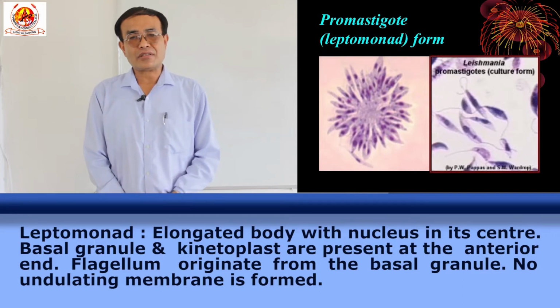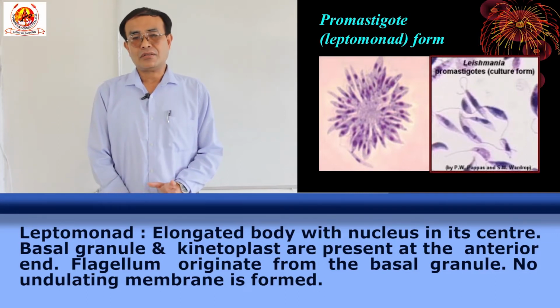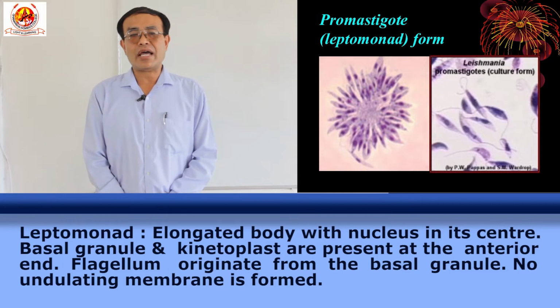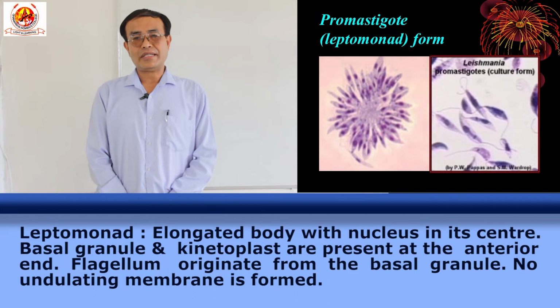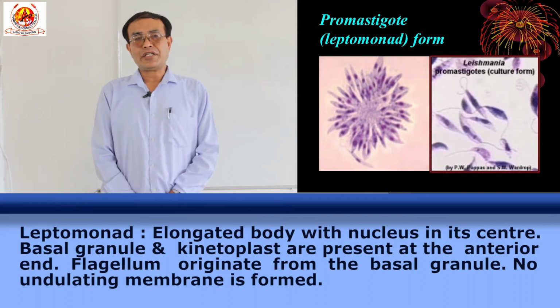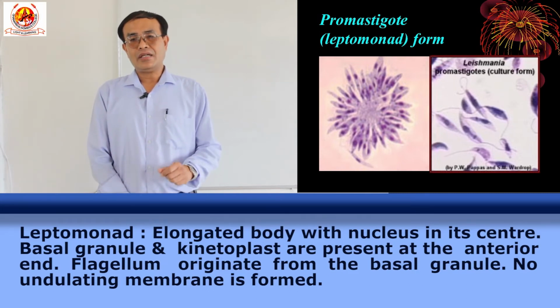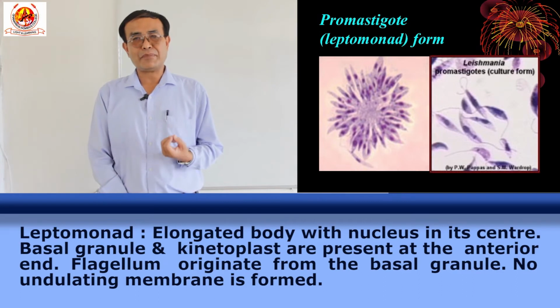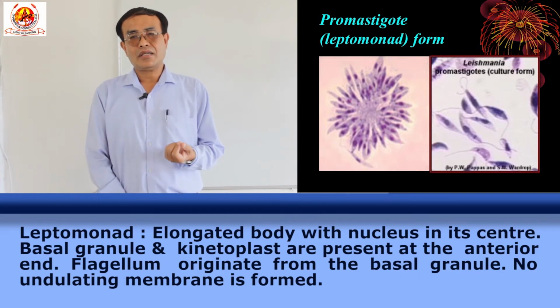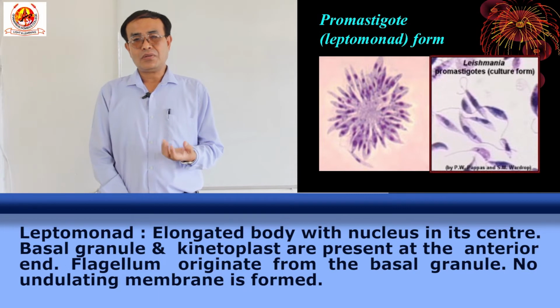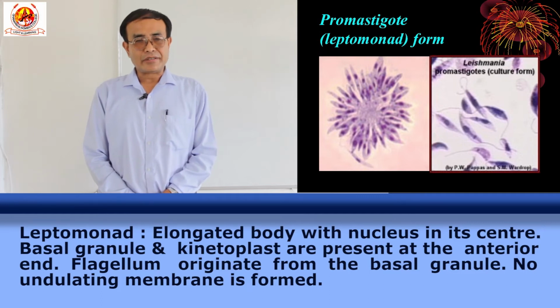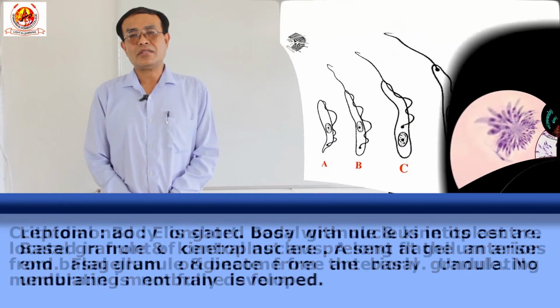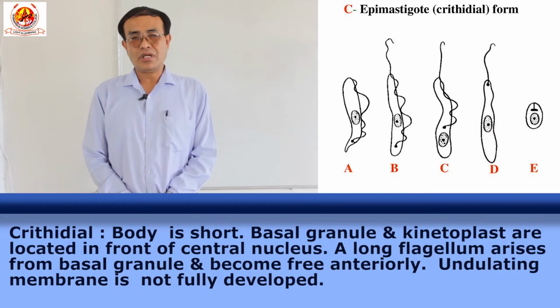The body is elongated and the nucleus is at the center, and the basal granule and kinetoplast lie at the anterior-most part of the body, and from there the flagellum arises. It has no well developed undulating membrane.